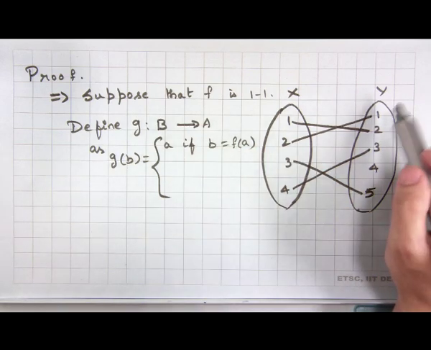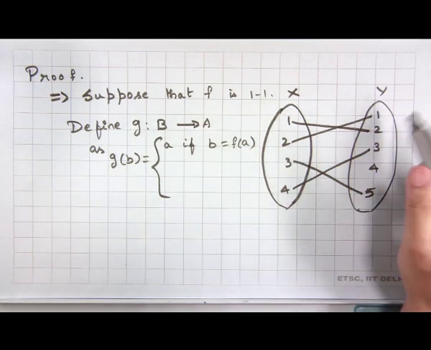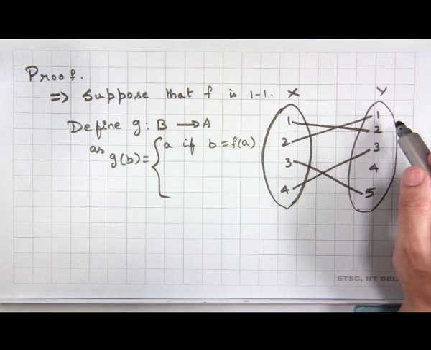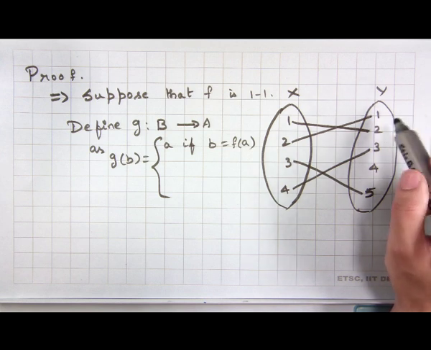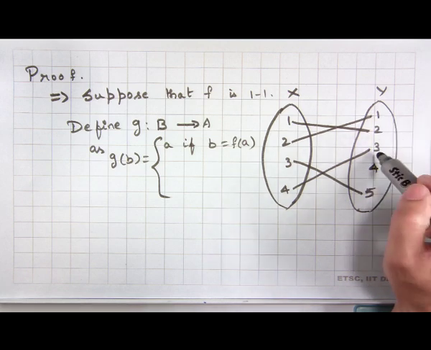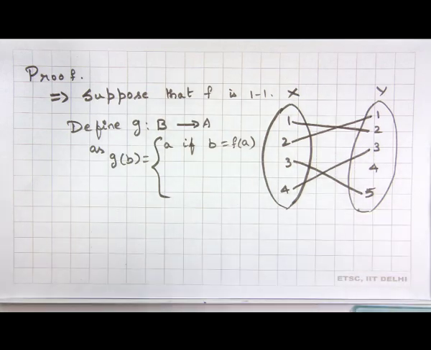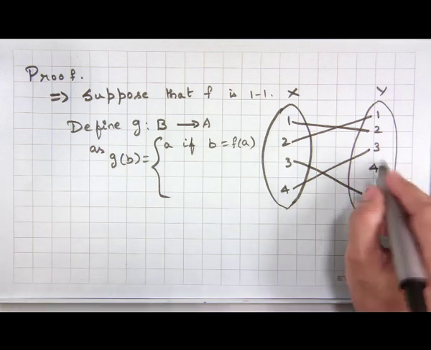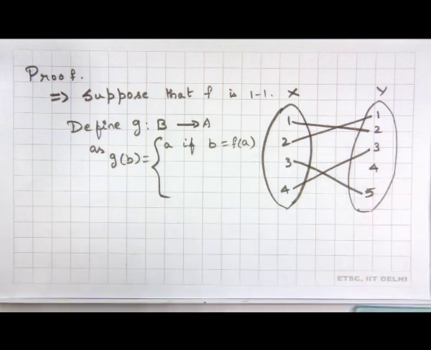If you look at the elements 1, 2, 3 and 5 in y in the example that we have, all these are just images of elements of x, and therefore this makes sense. The only thing that is left out is 4, for which we need an element of x. So, let us fix any element of x and define it arbitrarily.